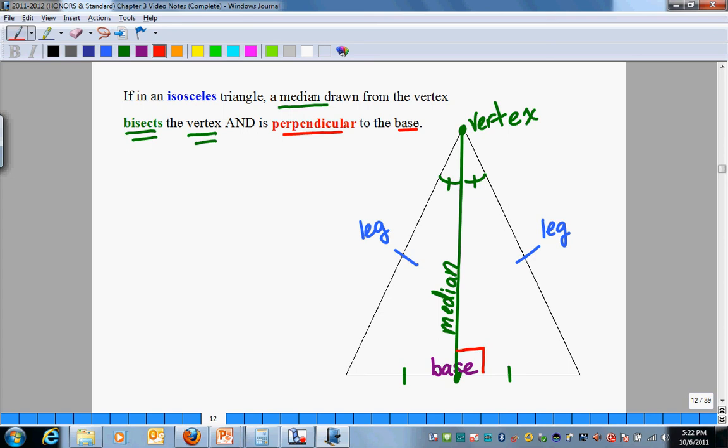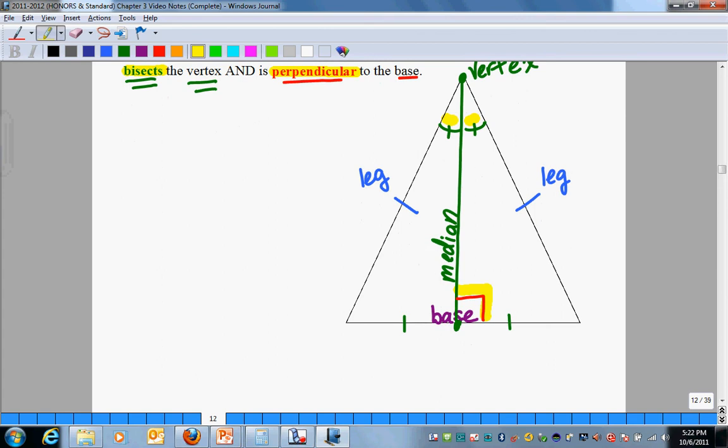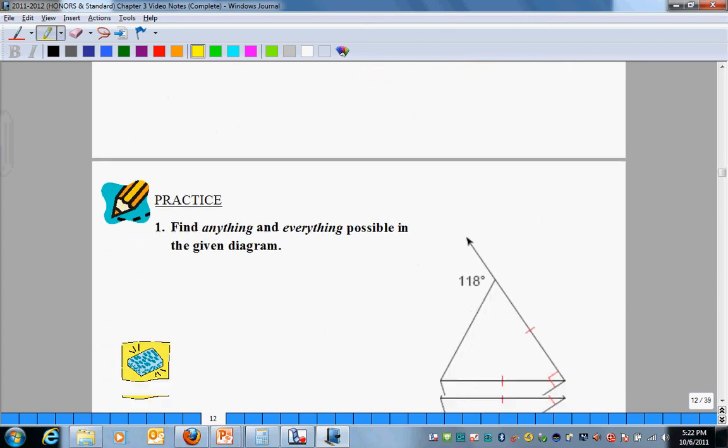So once again, if you have an isosceles triangle, the median from the vertex bisects the vertex and is perpendicular to the base. Now, using isosceles triangles, let's practice a couple problems.